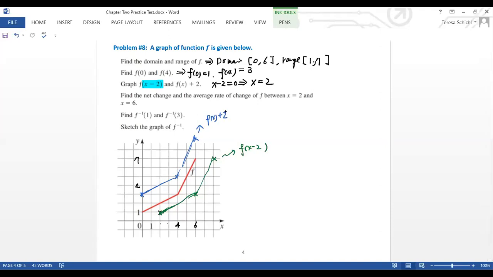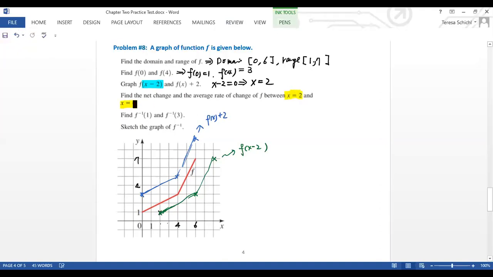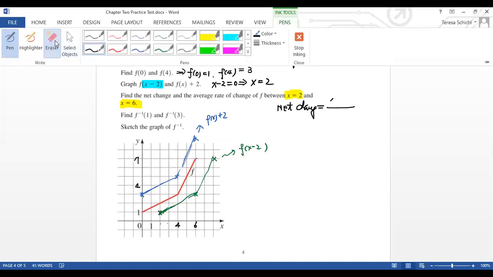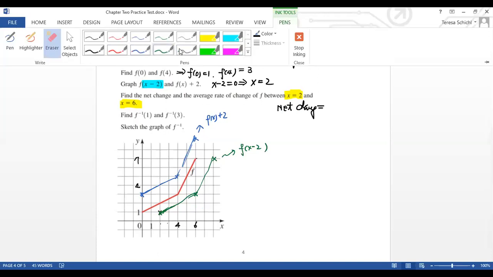So let's find the net change and the average rate of change between x equal to 2 and 6, all right? Let's take a look at the net change. The net change doesn't have the divide part.